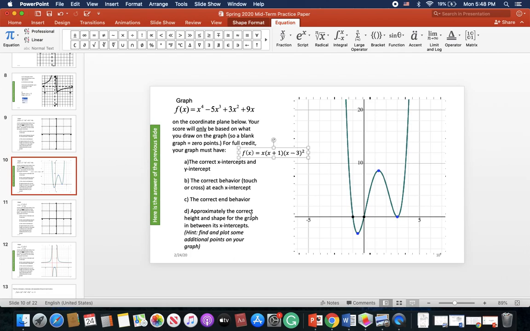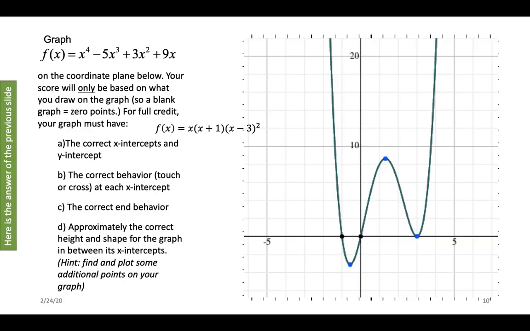We need an approximately correct height, not precise, because it takes time to be precise while we are drawing this kind of function. For drawing this kind of graph, the most important things are our intercepts and then multiplicity.